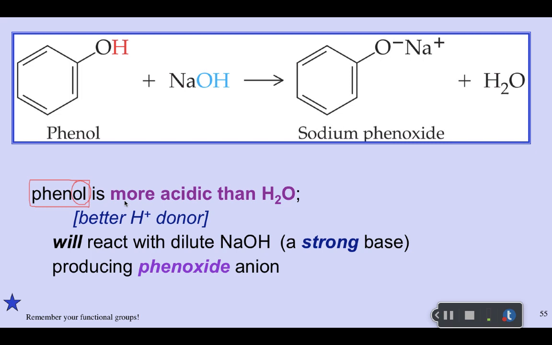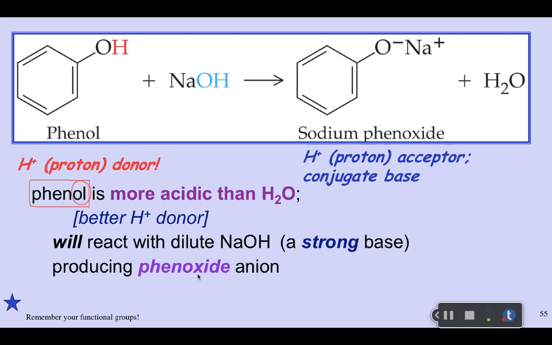It can release its proton and, in this sense, react with a base such as sodium hydroxide, which is a very strong base, and the result is an anion, which is now called phenoxide. So in this context, the phenol is the acid, not very strong, but just enough to react with something that's a strong base, like sodium hydroxide, and the resulting anion is its conjugate base because it could be a proton acceptor. So phenol is the exception.